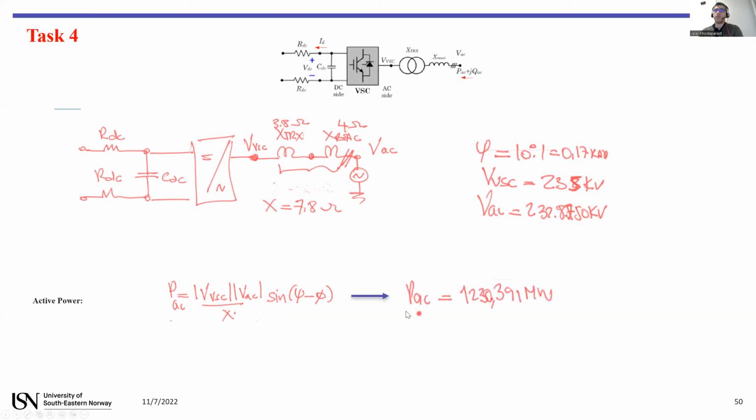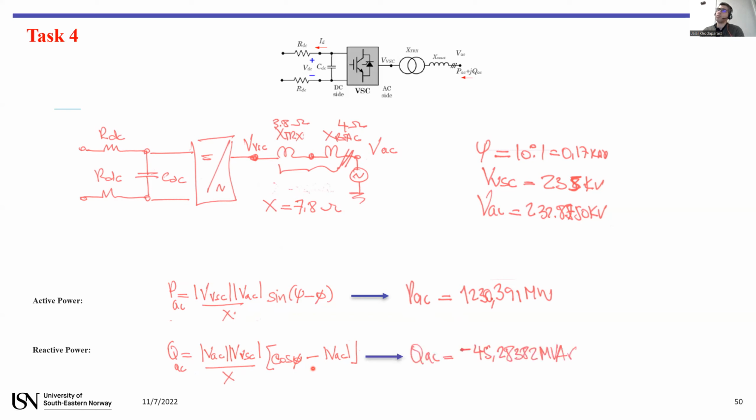If you use this formula, this one is the active power. And for the reactive power, you can use this formula, the same as before, but with the amplitude and the phase shift between two voltages. If you use this formula, you can calculate the reactive power passing through this way.